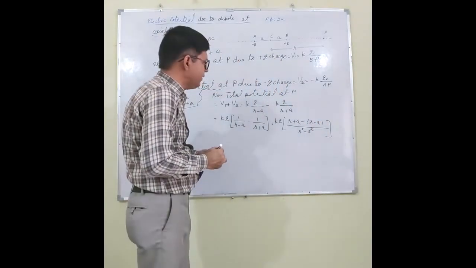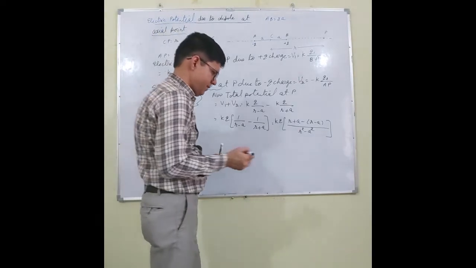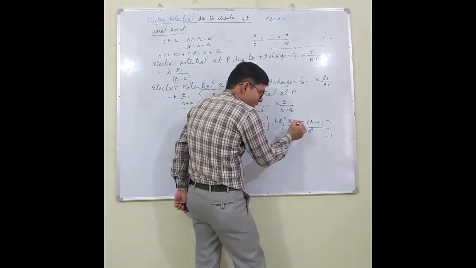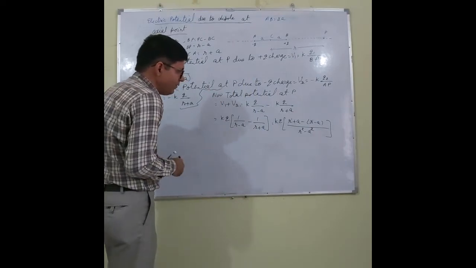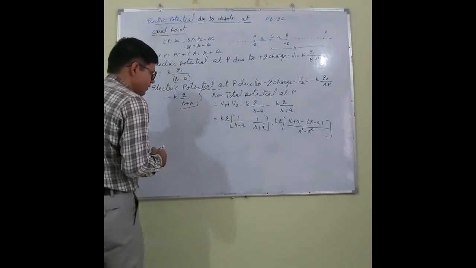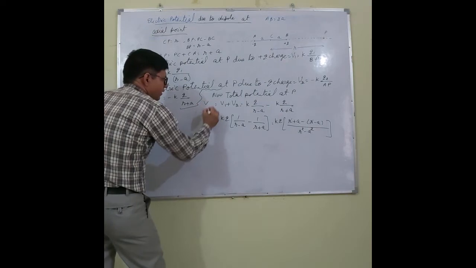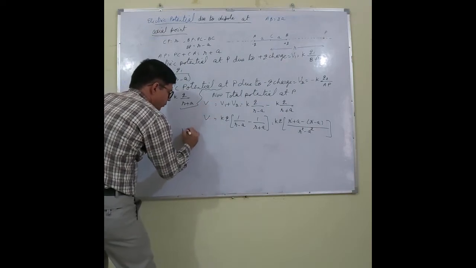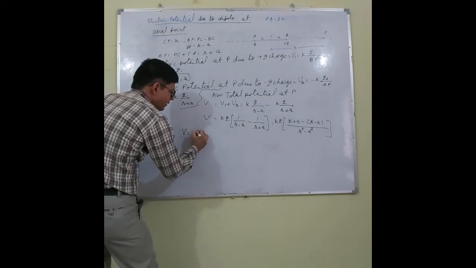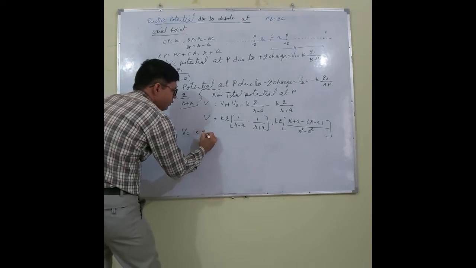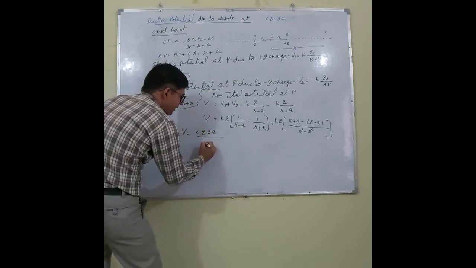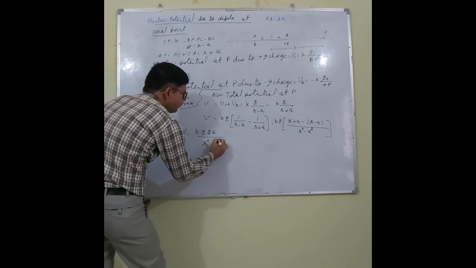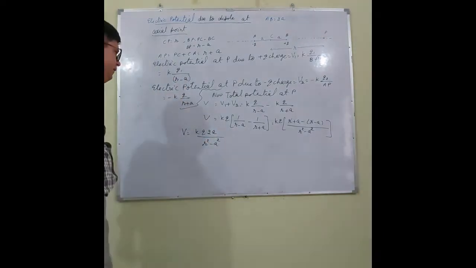Can you solve this? Yes. This r would be cancelled because equal and opposite. So this total potential V is Kq 2a divided by r square minus a square.